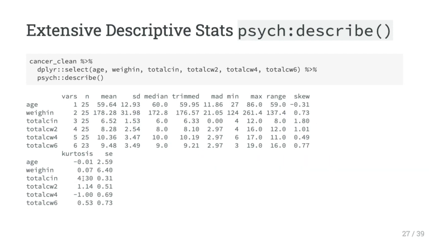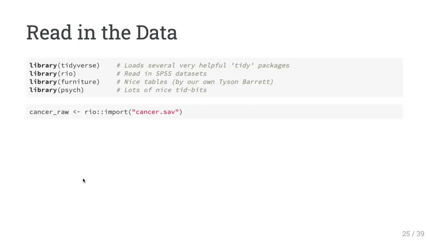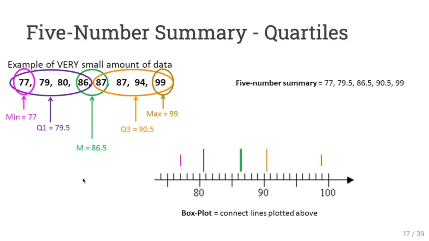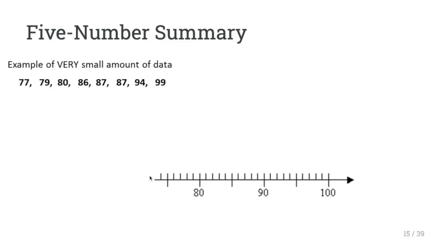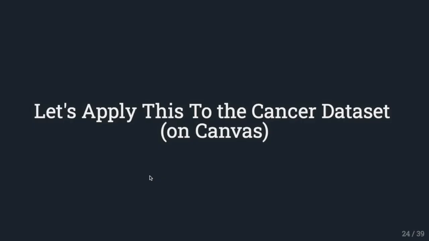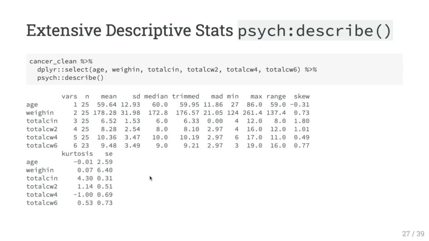So it's this positive one, which if we go back, positive kurtosis means that it's really highly peaked. So we have a kurtosis of 4, which means this one looks a little bit skewed and peaked because of the values we're seeing for it. The others don't seem to have a problematic value for kurtosis or skew.